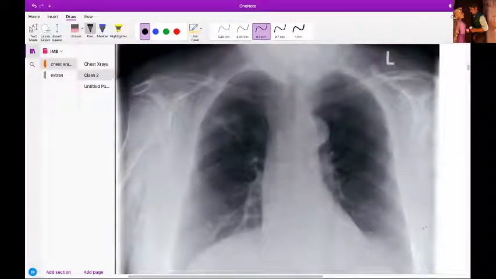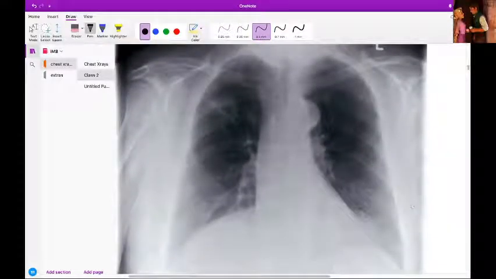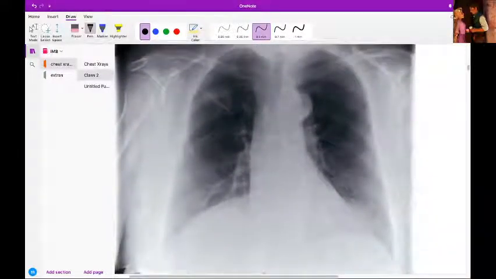Now you guys have to guess where the lesion is in this one. I think Tobio will be able to answer this correctly.